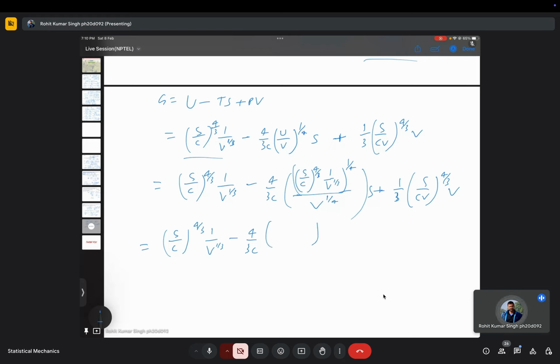In the numerator, I will have s by c to the power 1 by 3, and then 1 over this will become 1 by 12, but then there is a denominator v to the 1 by 4, right? So that will add up with it, right?